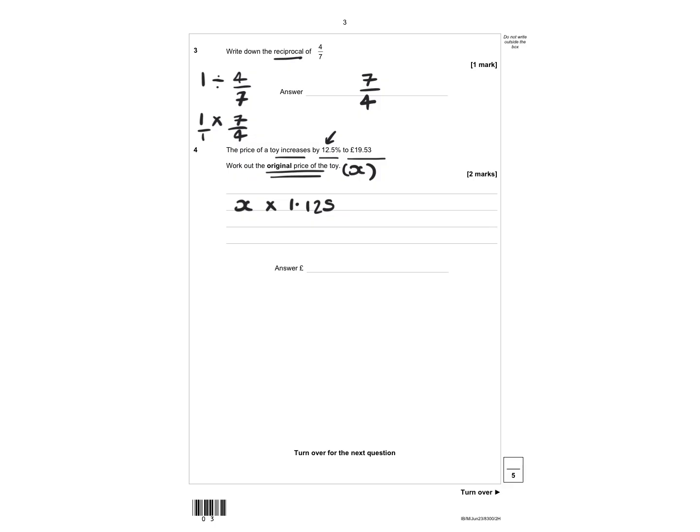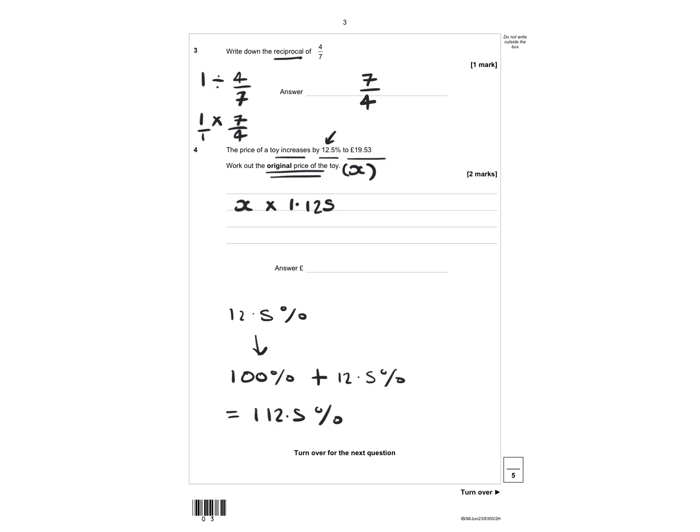This is because an increase of 12.5% means you're now working out 100%, which is the original price of the toy, plus this extra 12.5%, which means you have 112.5%, which means your multiplier is 1.125.